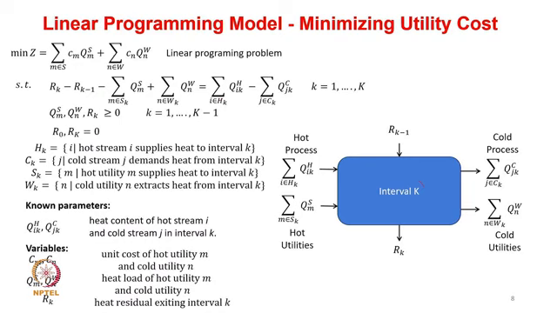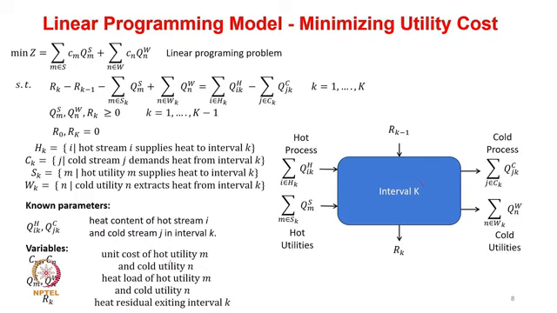And now what are we interested in? We are interested in minimizing the utility cost. So let us define two variables: Cm, which is the unit cost of hot utility M, and Cn, which is the unit cost of cold utility N. Then we have Q_ms, which is the heat load of hot utility M, and Q_nw, which is the heat load of cold utility N. Again, we are interested in minimizing the utility cost.